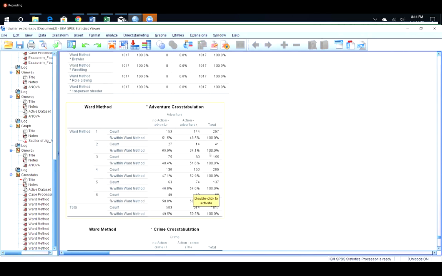Cluster 2 plays action adventure games at a significantly lower rate than the other clusters. And so this would be a cluster, and we'll investigate in just a second the characteristics of this cluster with respect to the variables used to cluster it. This cluster, you would say, is not a good target if you're going to advertise action adventure games.